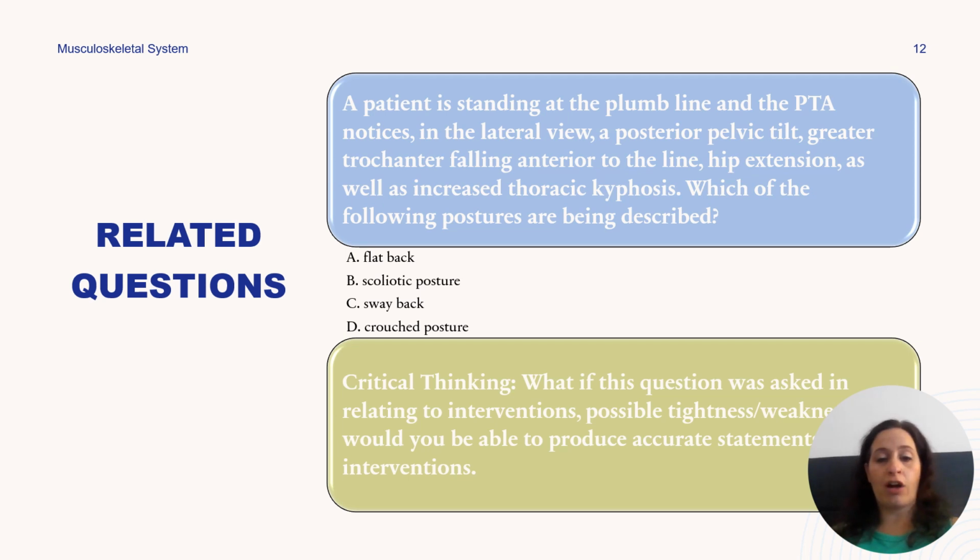Flat back and sway back are similar in the sense that they do both have posterior pelvic tilt. So I'm gonna leave those alone for now. The other option that is there is crouch posture. Okay. Crouch posture is like exactly what it says. Like if you're crouched over, you're leaned over, like if you're looking down at something on the ground, right?